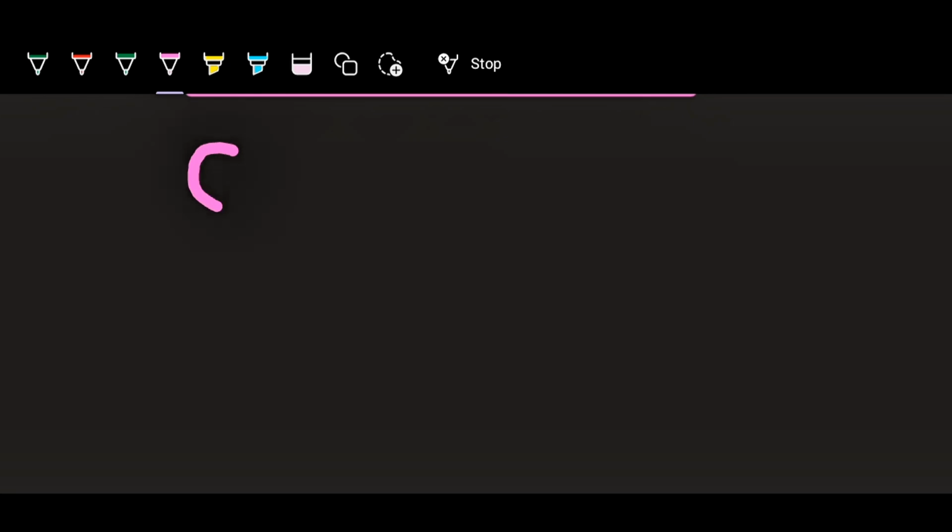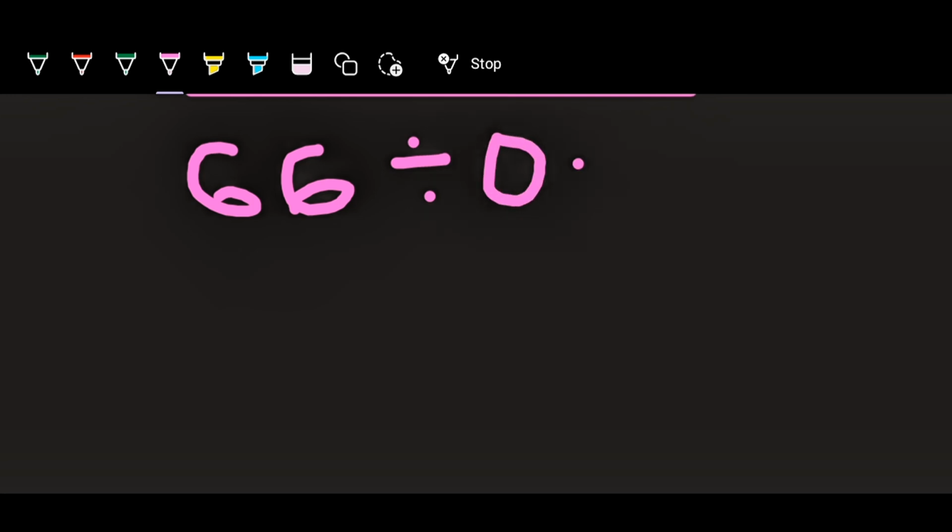So let's say we have an equation like this. We have 66 divided by 0.6. What would we do? First things first, we're going to turn this decimal into a whole number. So what we have to do is we realize that if we move the decimal one time, it would be 6.